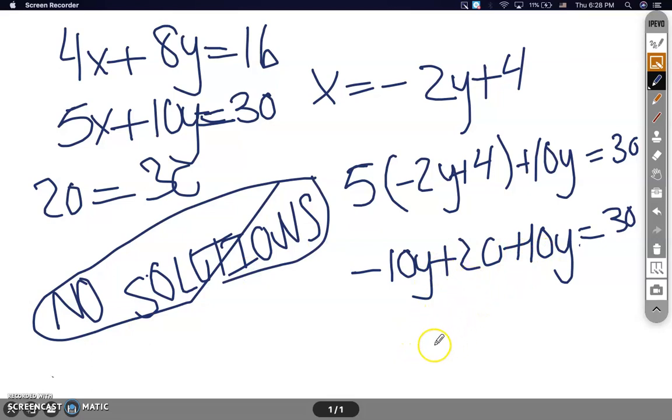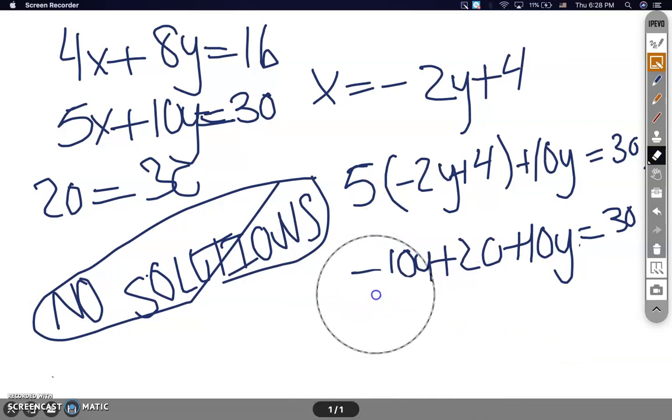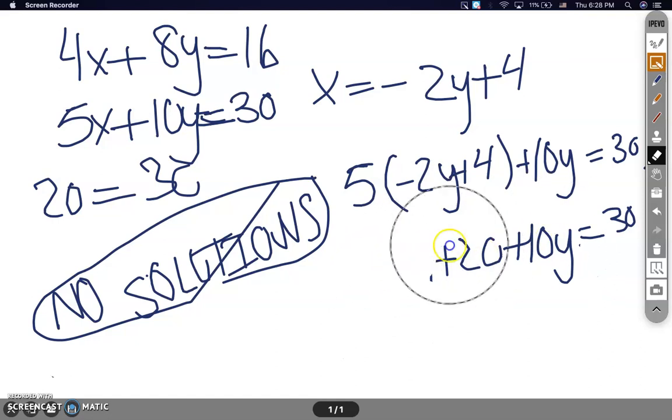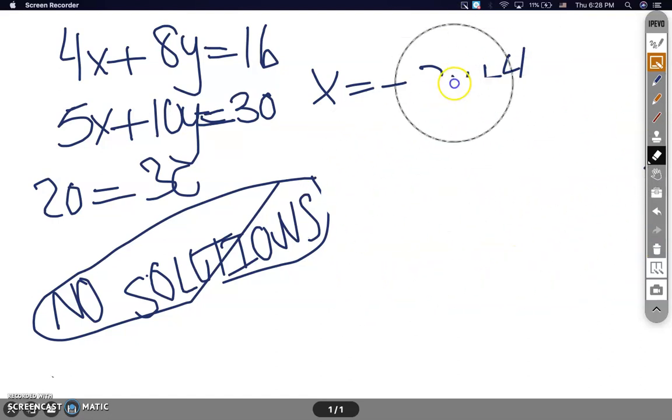If I add this up, I just get 20 equal to 30, and that cannot be the case. I have no values for the y value or the x value, because if one value doesn't have any solutions, then the entire system of linear equations does not have it.